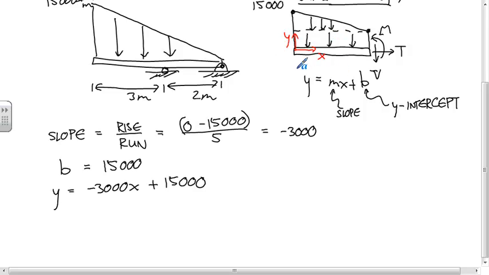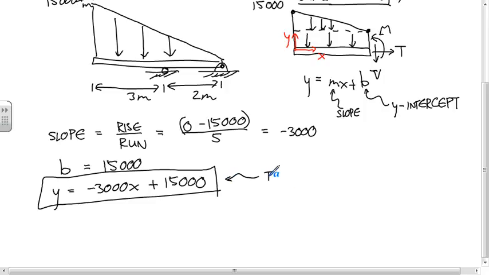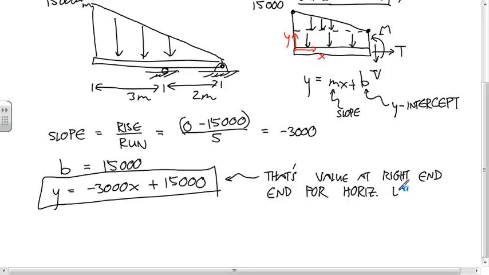But since the way we're doing this expression, the x value is the one over here, and that's the value we're trying to calculate, this is actually a representation of the value at the right endpoint for the horizontal location x.